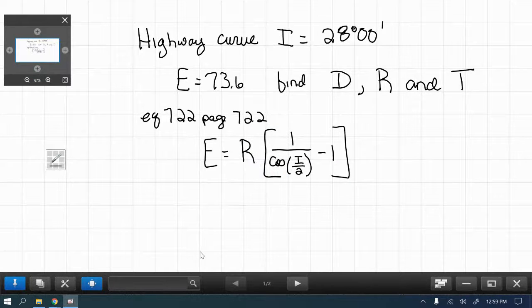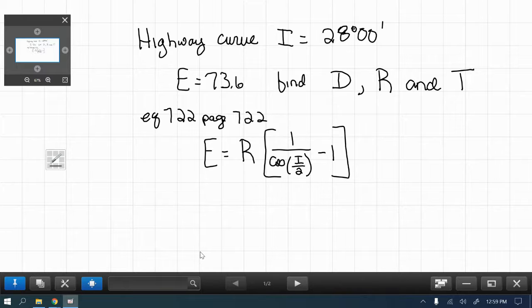So you'll have something similar to this, maybe not this hard, where I'll give you some of the components of the curve and then ask you to solve for what's missing. So this time it's a highway curve.